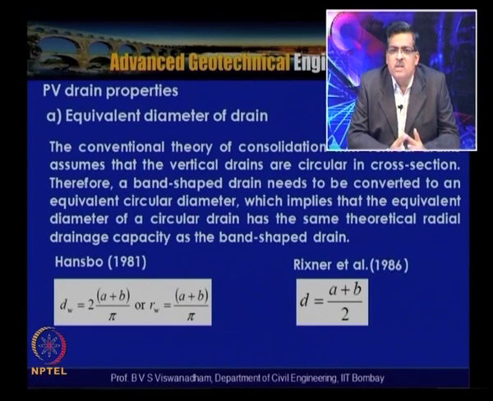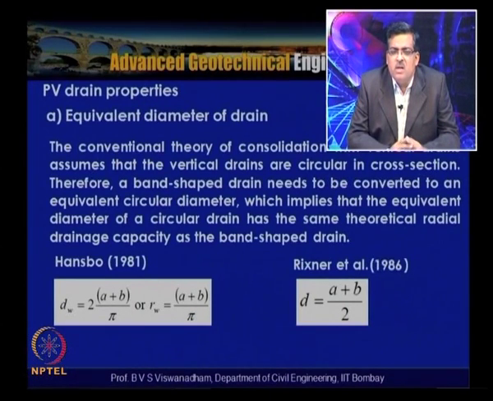As discussed in the previous lecture, the basic theories which were developed are for circular cross sections. So for these drains, the equations and parameters have to account for the different properties of the drains.